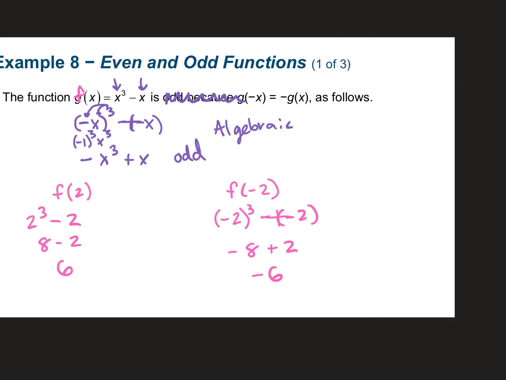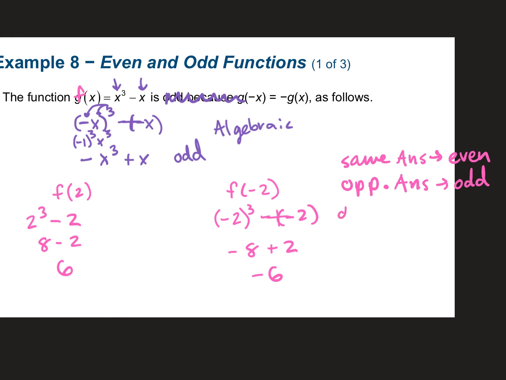So when we plug in a number and its opposite, if we get the same answer, then they are even functions. If we get opposite answers, then they are odd functions.